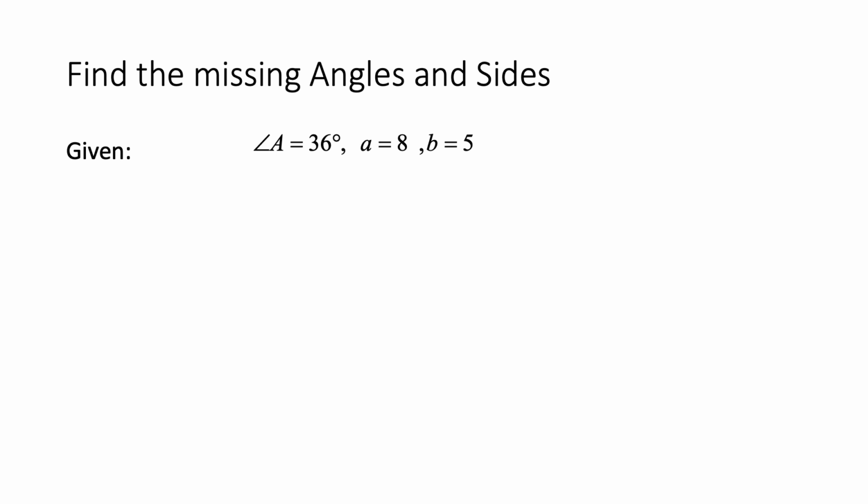If we wanted to find the missing angles and sides, you've got an angle of 36 for angle A, a side of 8 for side A, and side B is equal to 5.